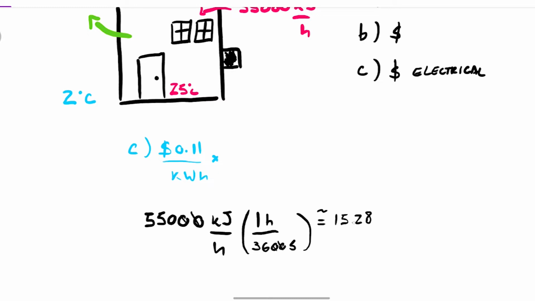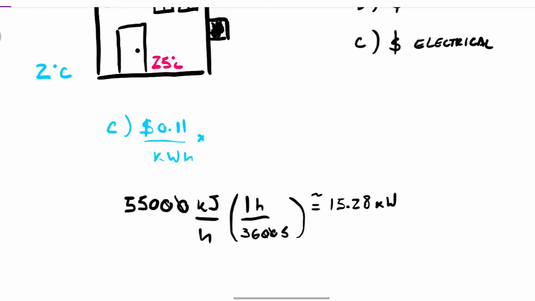Then this is kilojoules per second, which is the same thing as a kilowatt, a unit that we're more used to dealing with. So if I need to put in 15.28 kilojoules per second, then I need to put in 15.28 kilowatts.